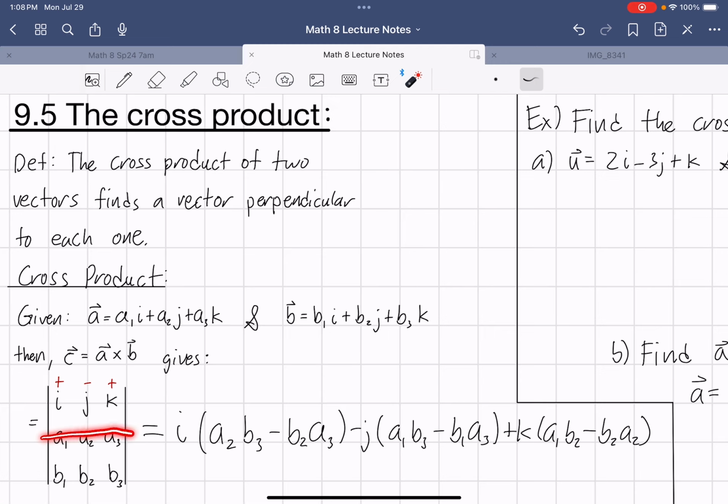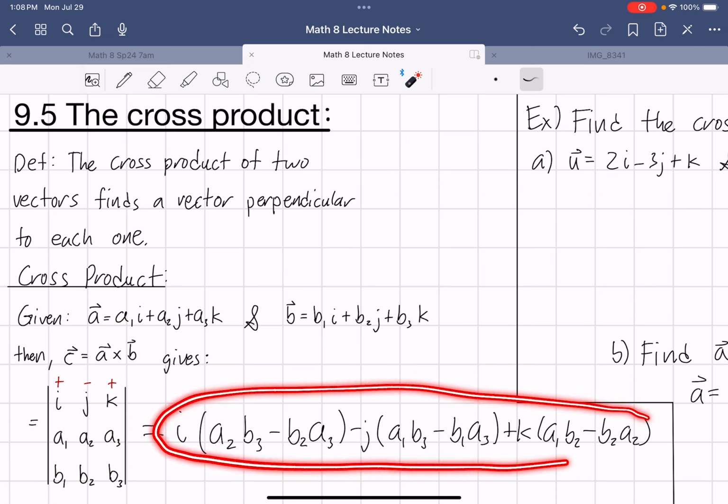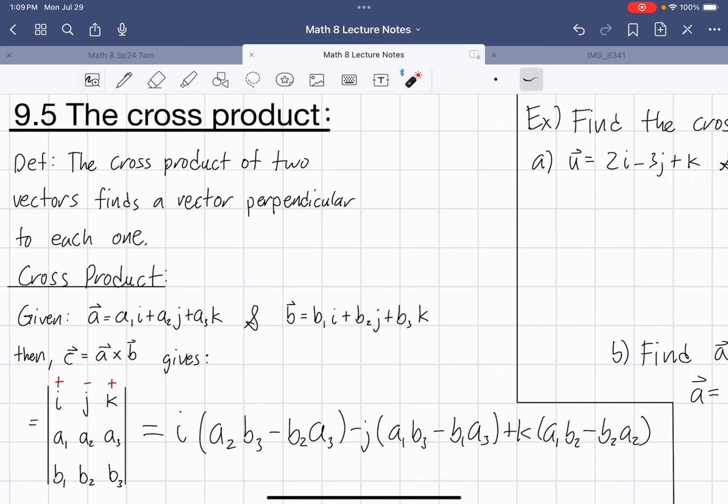Your second row has the first vector that you're doing the cross product with, and then the third row is the second vector. Now if this order switches, of course, then the order of the rows would switch. And this is sort of the algebra that you take.